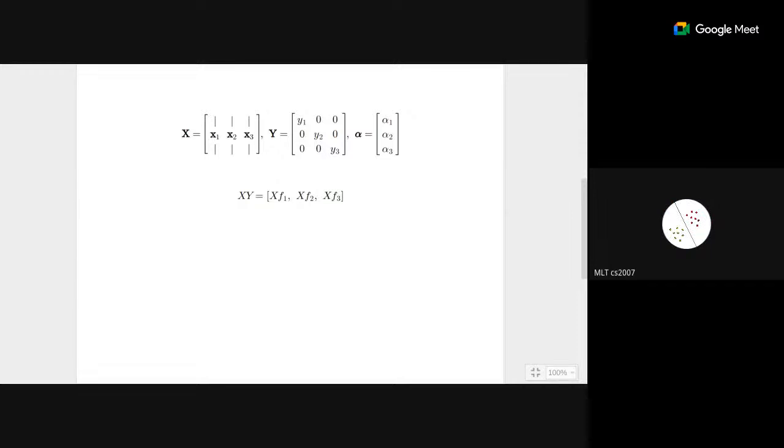First feature of all the X into Y basically is the first feature of X1, Y1, because the rest of them are zeros on the Y side.